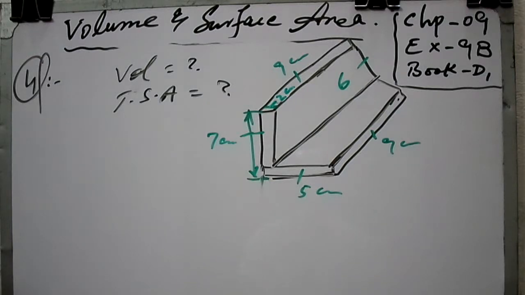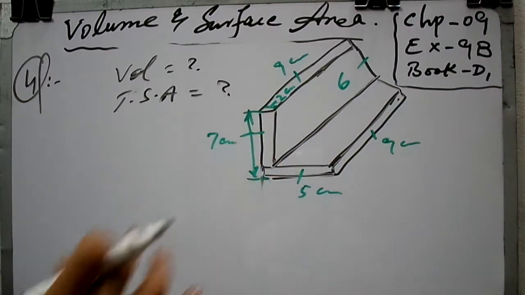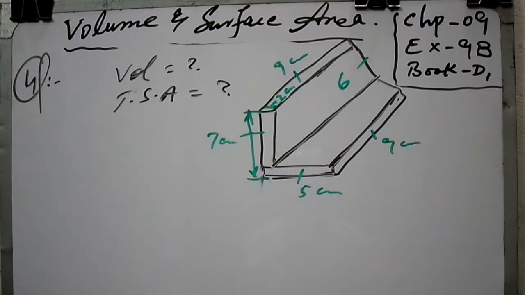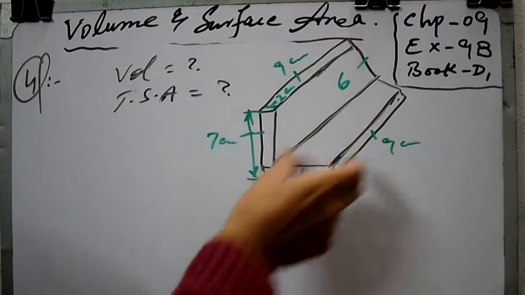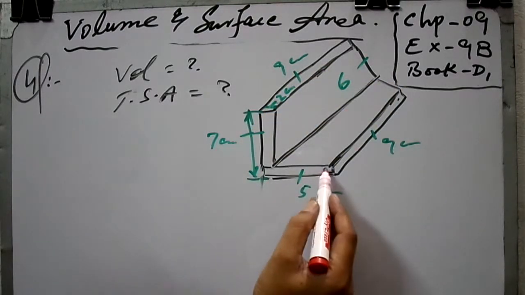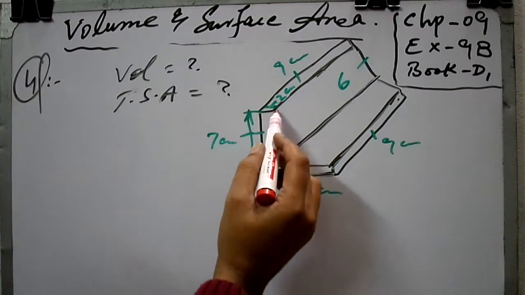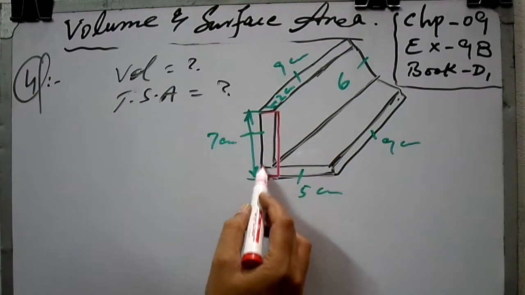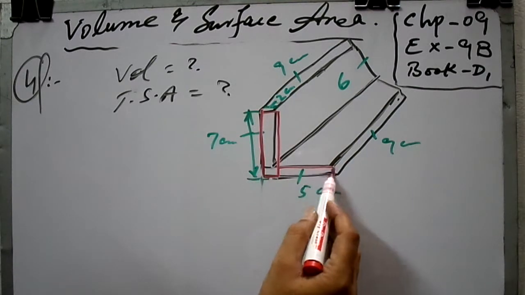So in this way we have the given dimensions. If you see the diagram carefully, you can understand that here are two rectangular shapes. You can easily see two rectangles, very clear to you. One rectangle is this one, and the other rectangle is this one.